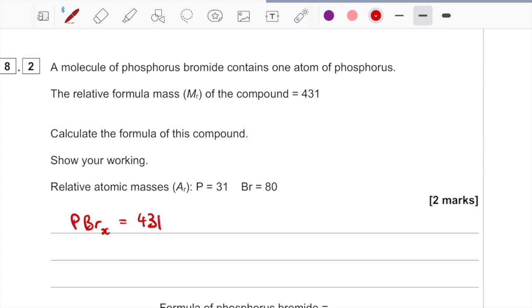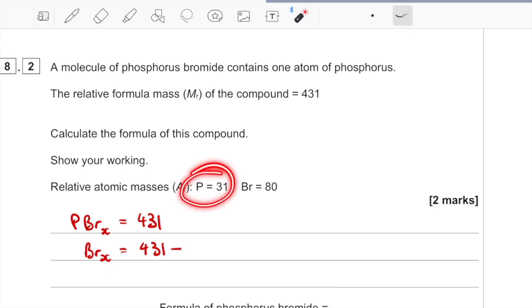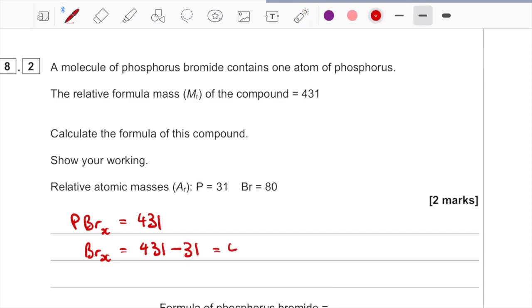So if I now subtract phosphorus from both sides, I get Brx equals 431 minus the value for phosphorus, which is 31. So that equals 400.